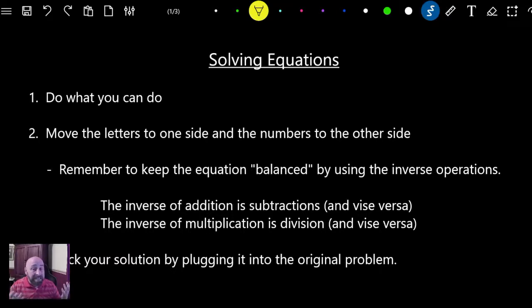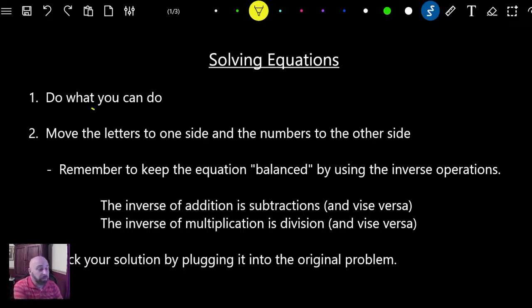So if you see anything you can do, then do it. Just take a look at it and say, okay, can I do anything? No? Then you move on to step number 2. Yes? Then you go ahead and do it. Get everything done that you can do, and then you move on to step number 2.